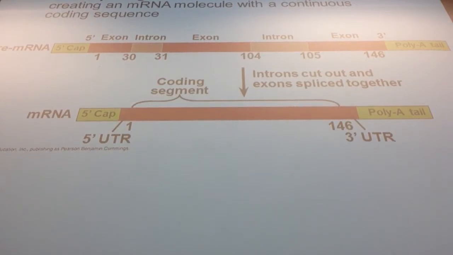This ensures, number one, that the introns are removed in an orderly way, and number two, that the exons themselves are rejoined in the correct order.